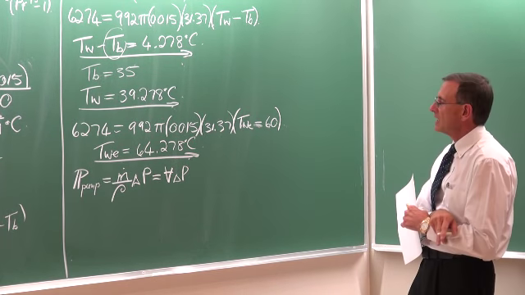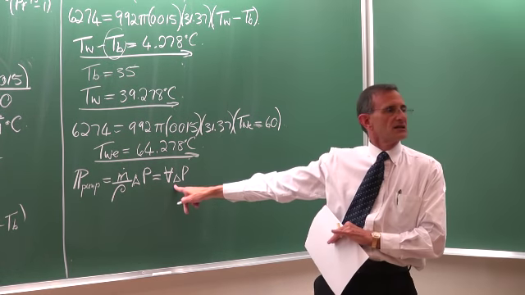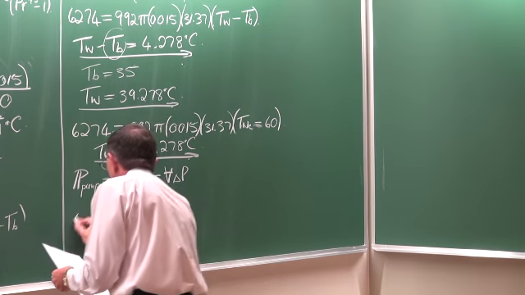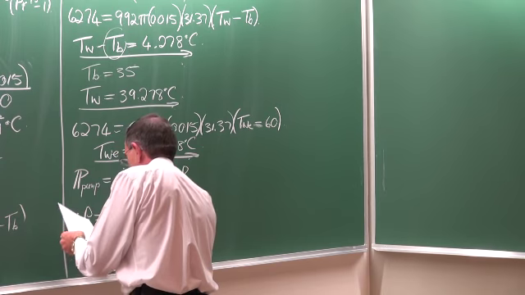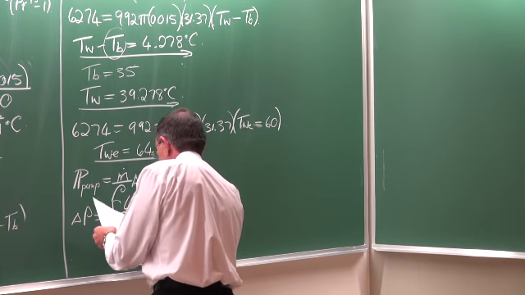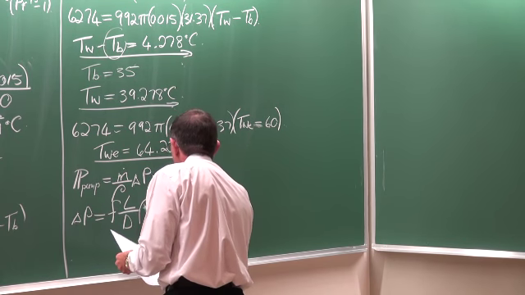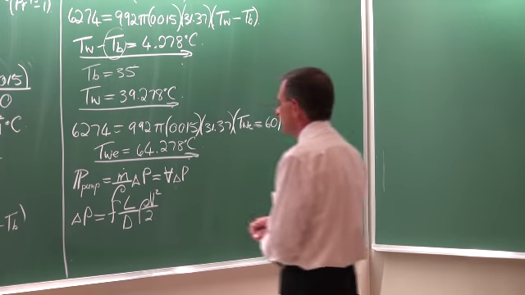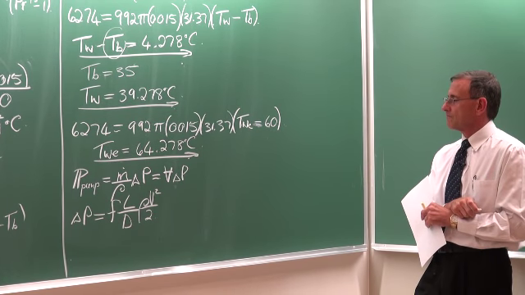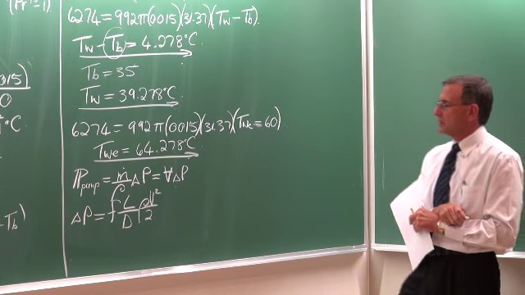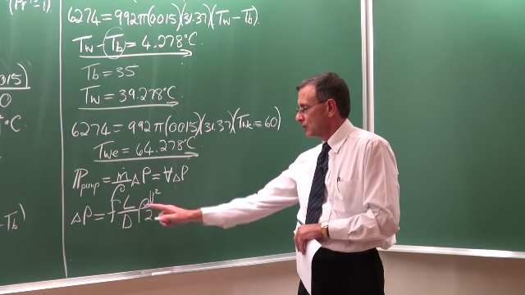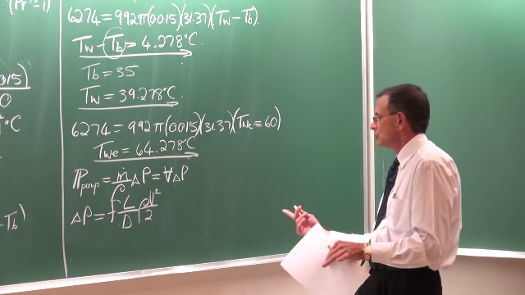Okay, so we must first get the pressure drop. The pressure drop we can get from delta P is equal to F multiplied by L divided by D, rho V square divided by 2. Friction factor multiplied by the length divided by the diameter, rho V square divided by 2.